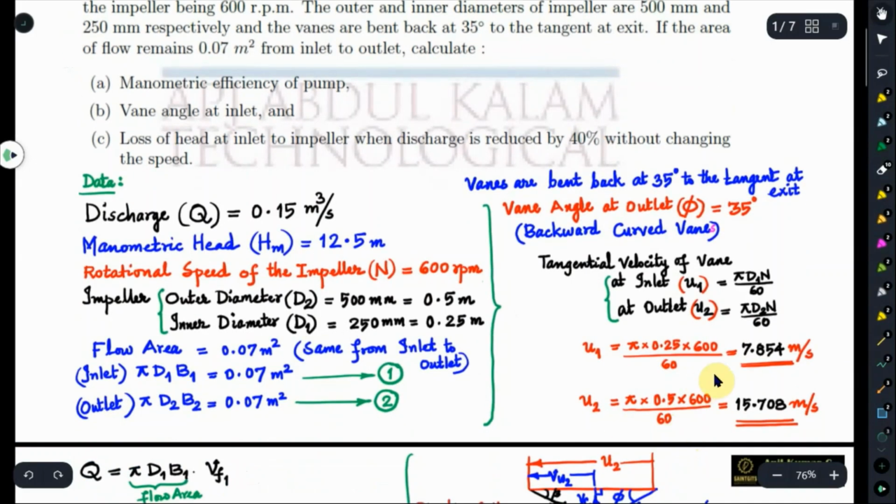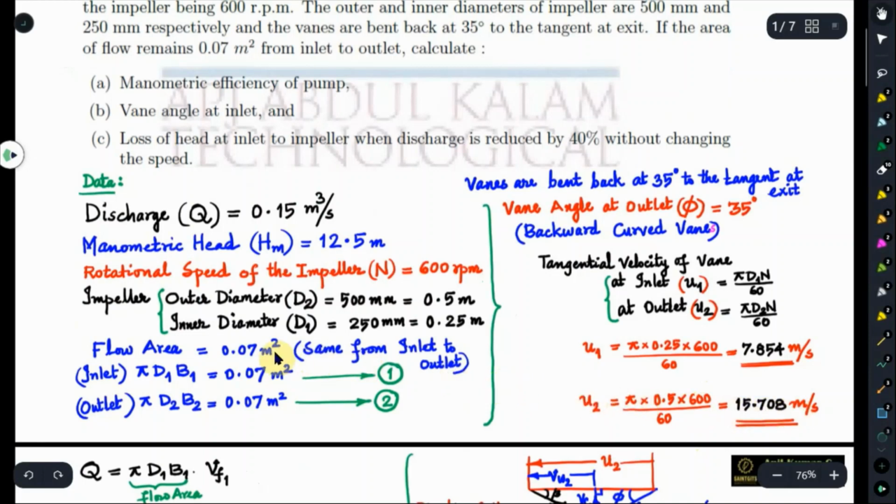So you will get U1 is equal to 7.854 meter per second, and U2 similarly pi D2 N by 60. So pi into diameter at outlet is 0.5 meters into 600 rpm divided by 60. So U2 is 15.708 meter per second.